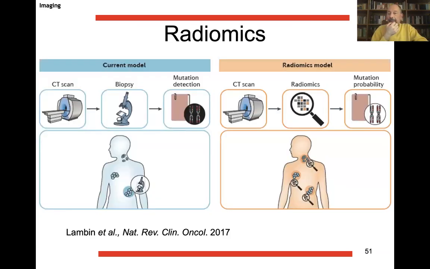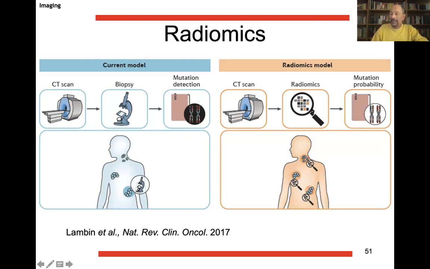The other frontier now in X-ray is the so-called radiomics. Generally, what you do these days in the prognosis of cancer, you take a CT scan, then you take a biopsy, then you look at the genome of the tumor, and then you establish a therapy based on the anatomical considerations and on the biopsy.